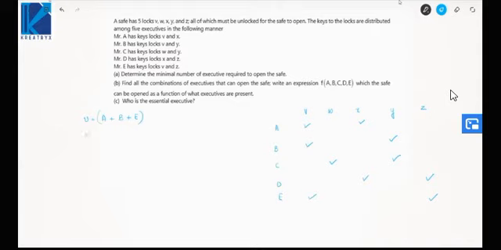For W, we need C. For X, we need A plus D. For Y, B plus C and Z, D plus E. Since all the locks must be open, the function should be V, W, X, Y, Z. That means all outputs must be high for the lock to open.